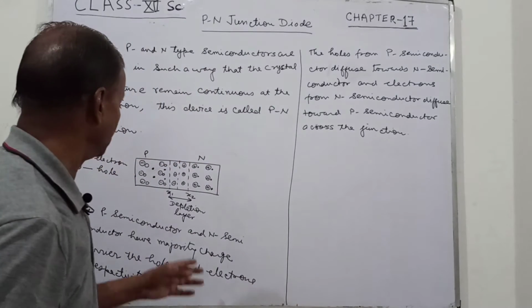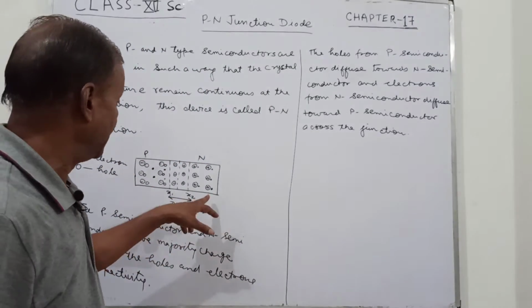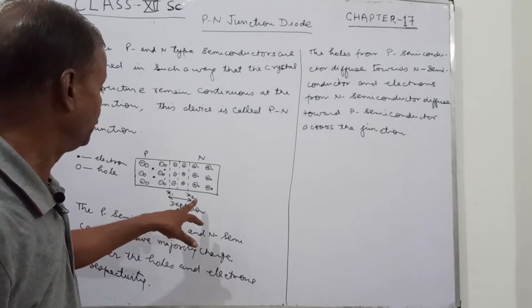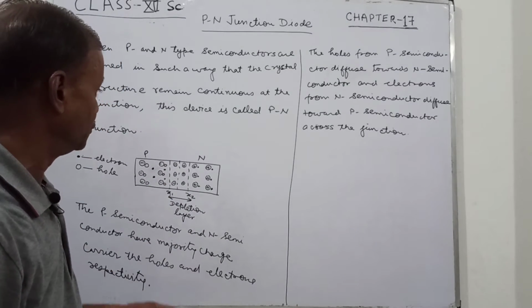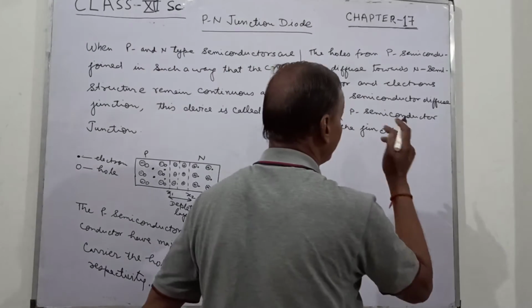What happens? The holes from P go to N and electrons from N go to P. They diffuse into each other at the junction, so this junction is just between them.